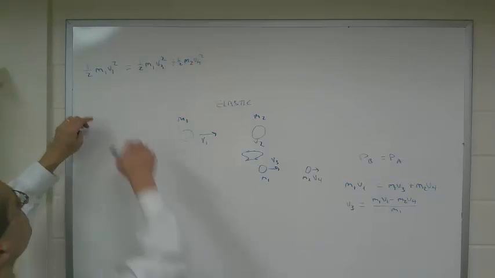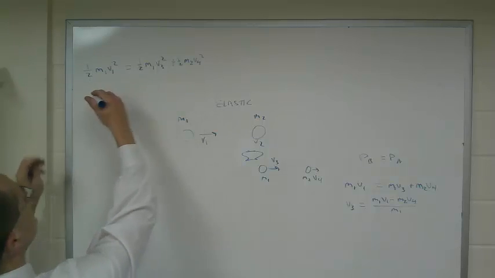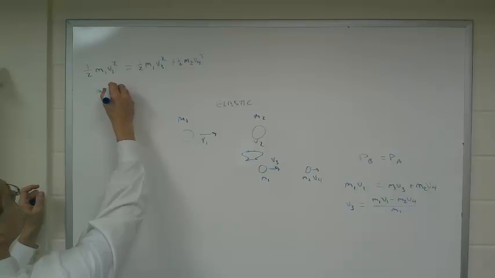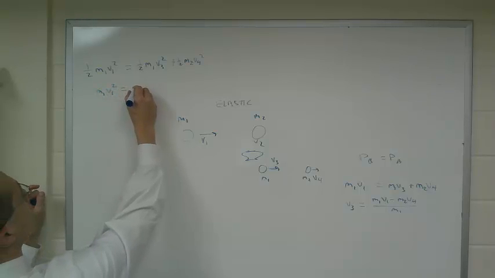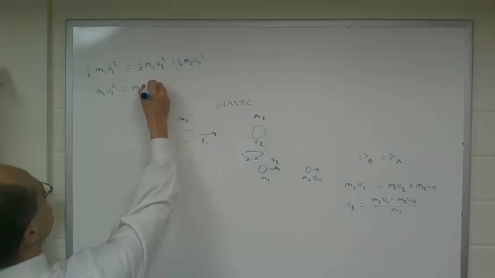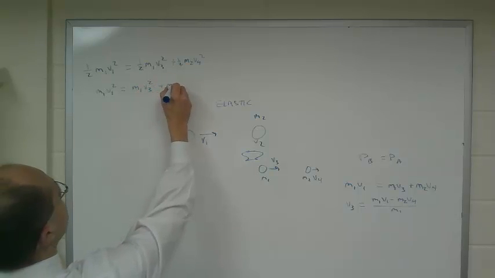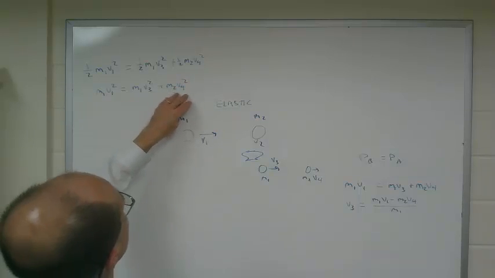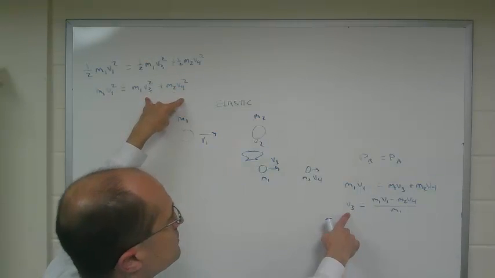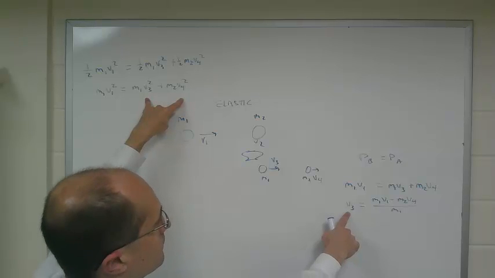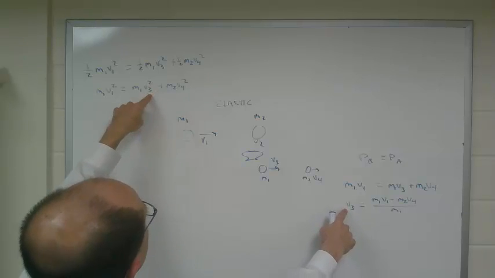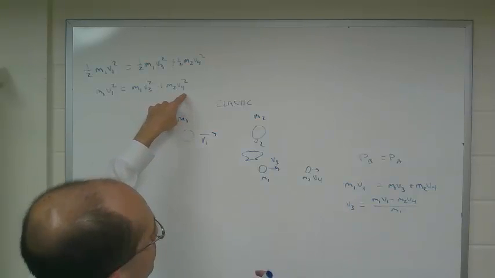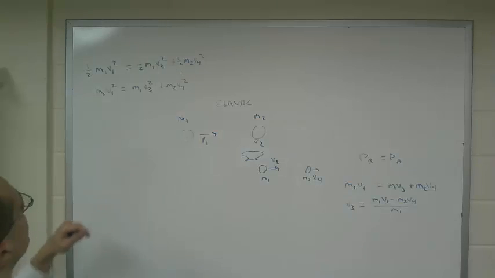Now we can multiply by 2 to get rid of all of the halves, and you have M1 V1 squared is equal to M1 V3 squared plus M2 V4 squared. Because we still have our two unknowns, we can substitute into V3, and then we'll be down to just one unknown, V4, which we can then solve for.